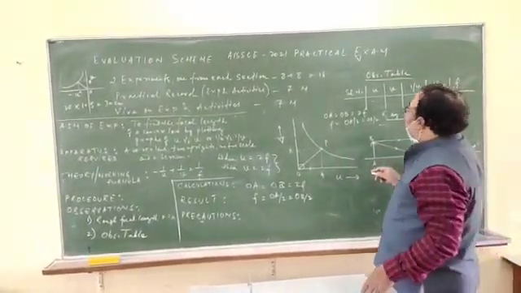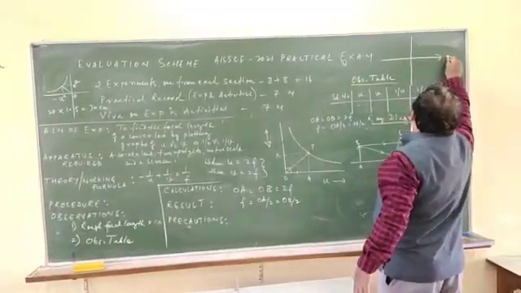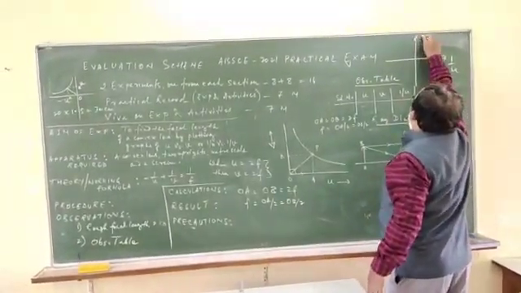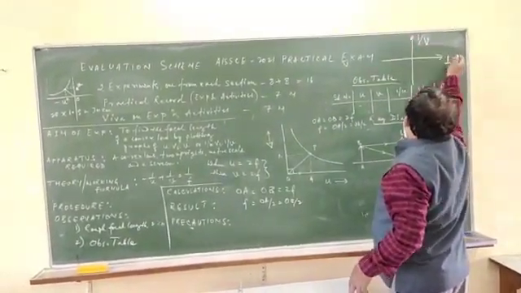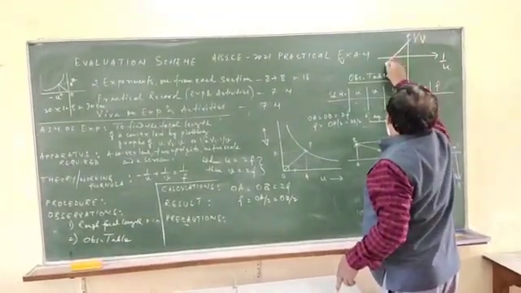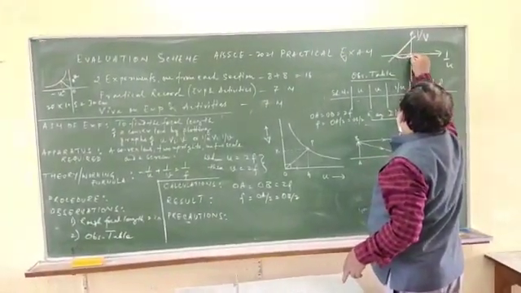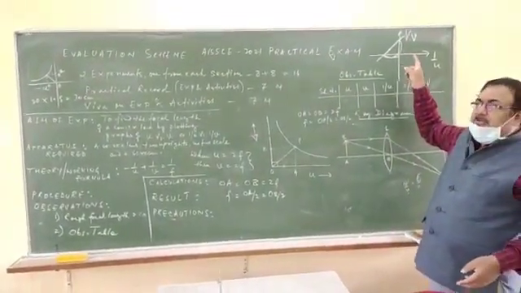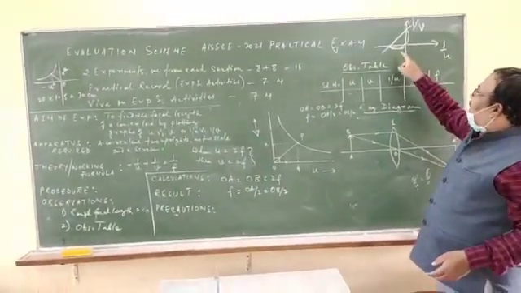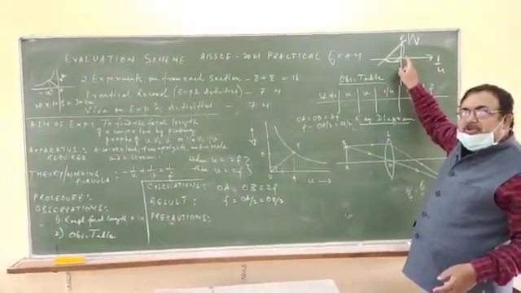Similarly, if you draw 1 by v versus 1 by u graph, u is negative, so you will get a straight line. This is the intercept, and reciprocal of intercept will give the value of focal length from 1 by v versus 1 by u graph.